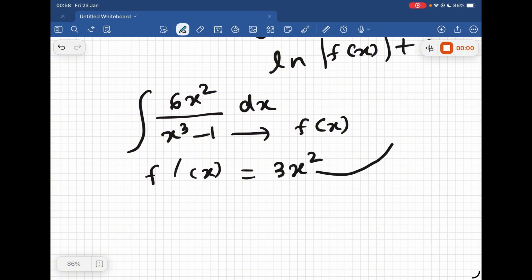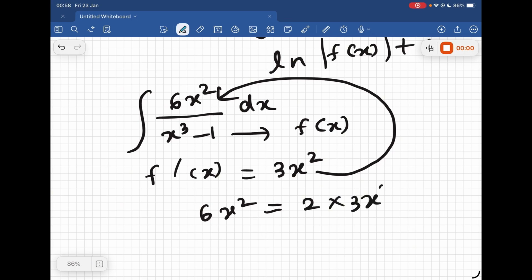I'm going to check, is it matching with the numerator? It's not exactly matching, but you can understand that 6x squared can be manipulated. You can write 6x squared as 2 times 3x squared. So I can write 6x squared as 2 times f prime x.